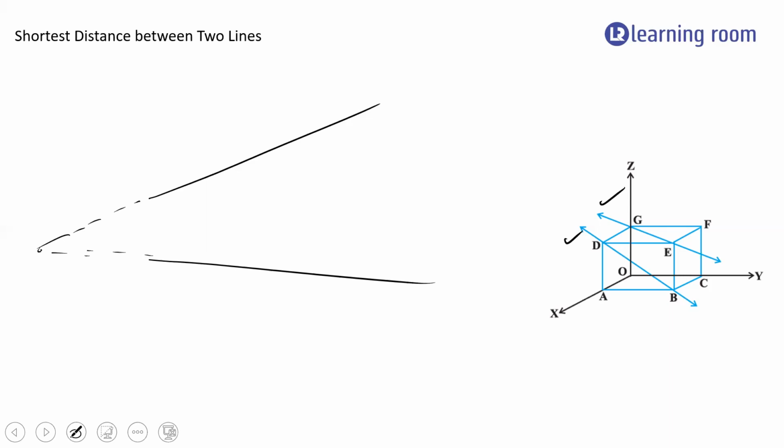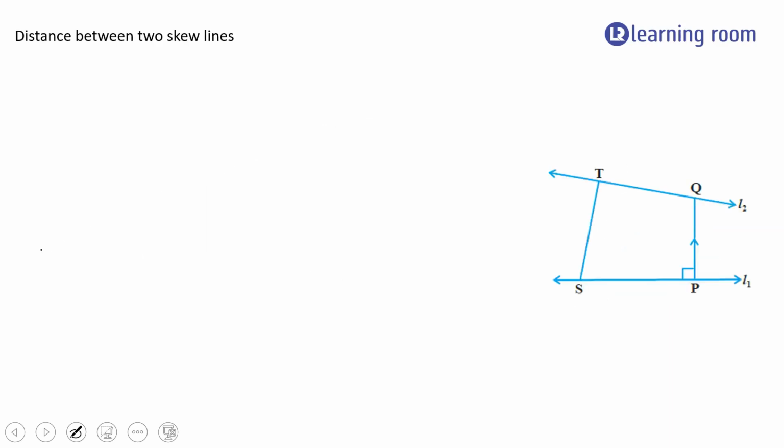Those kind of lines are known as skew lines. They must be in different planes. That's the right answer. Are you guys able to understand?